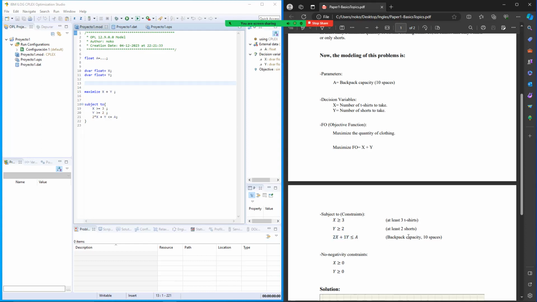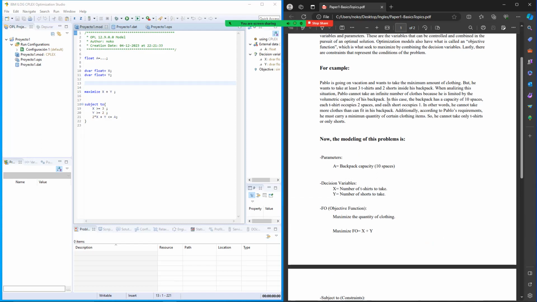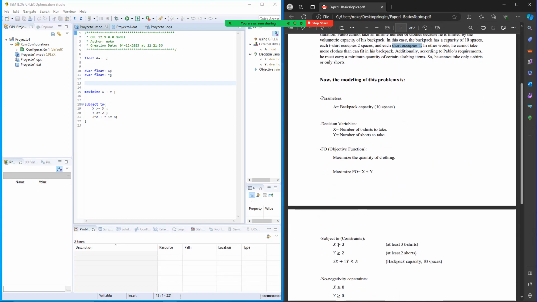The last of the constraints is the space of the backpack. We put 2 and 1 because in the context, the t-shirts occupy 2 spaces and the shorts occupy 1 space. The t-shirts are represented by x and the shorts by the letter y.